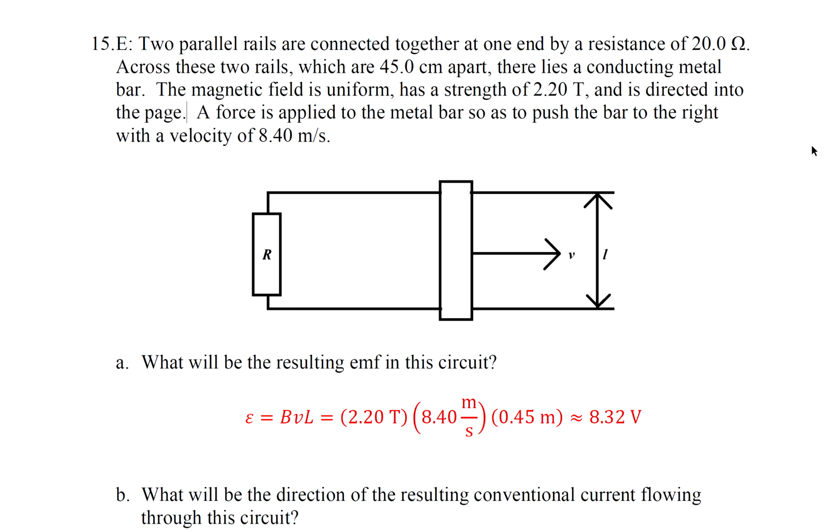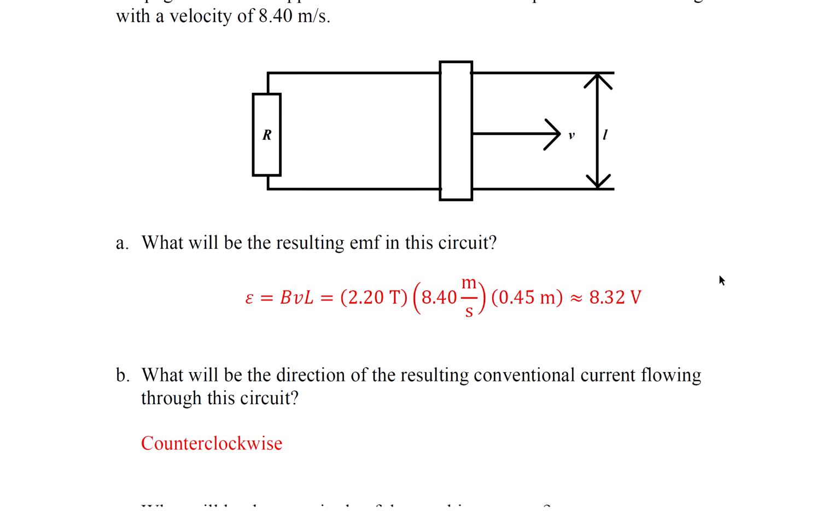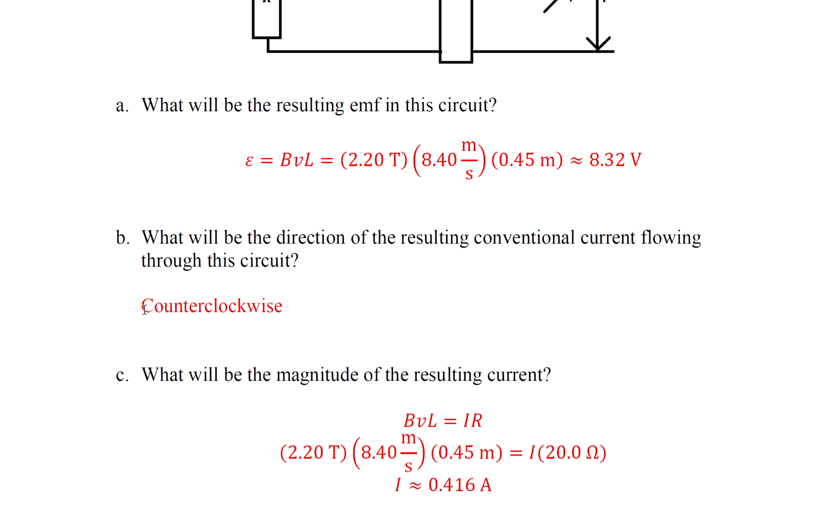Well, we don't want a greater magnetic flux. We don't want to change, so we want less. So we're going to put our right thumb out of the page and our fingers curl counterclockwise. That's why the solution is counterclockwise for part B.